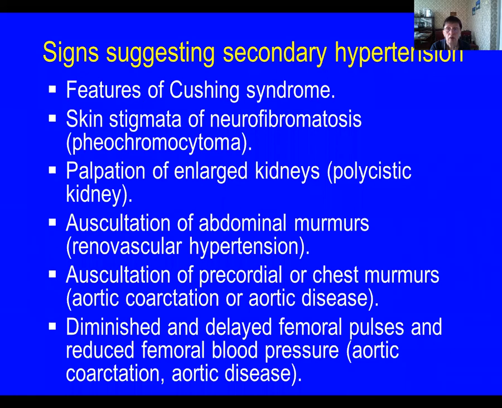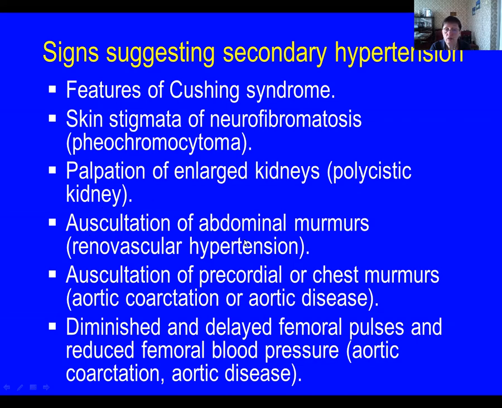Well, what may be signs suggesting that our patient has secondary hypertension? Features of Cushing syndrome during general inspection. It may be changes on the skin due to pheochromocytoma. Then we can palpate enlarged kidneys in polycystic kidney disease.